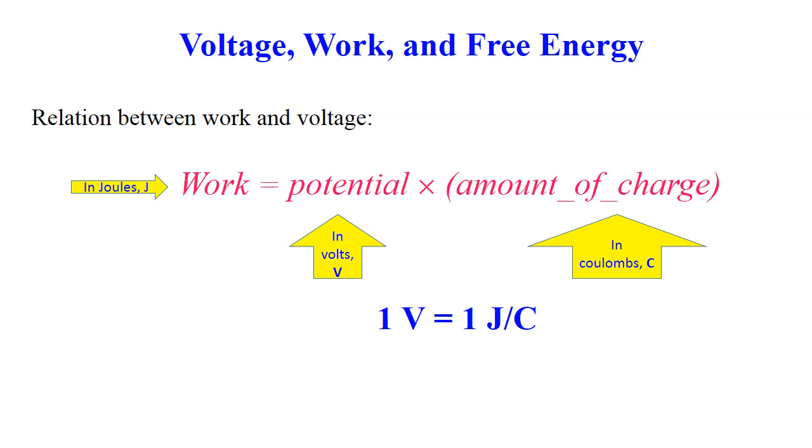Next, the relationship between voltage, work, and free energy. There is a general relationship between work, potential, and amount of charge from physics. Work equals potential, in this case we are using volts, times amount of charge, of course, in coulombs.